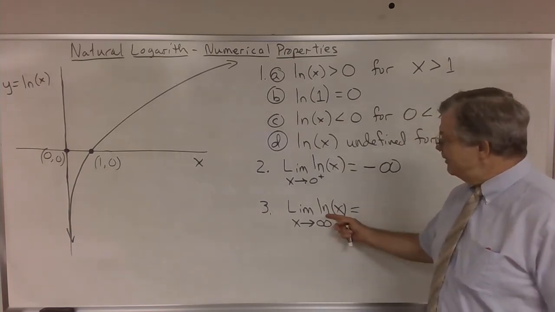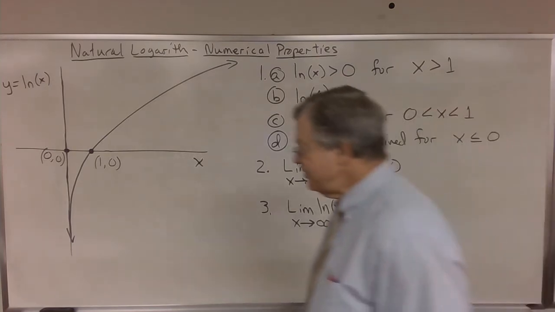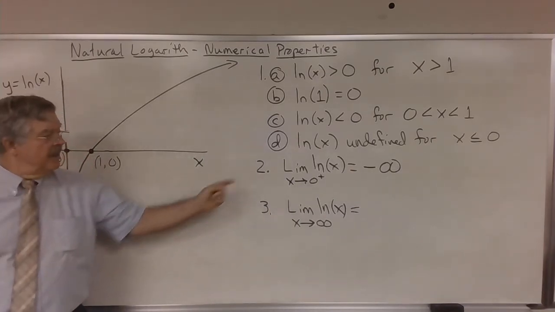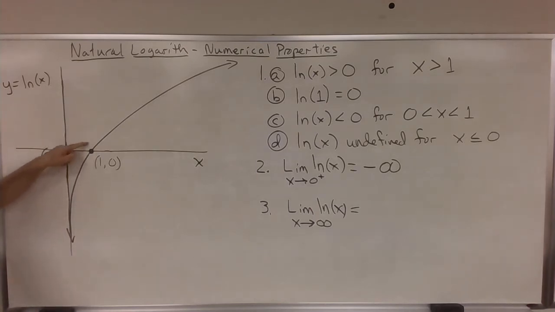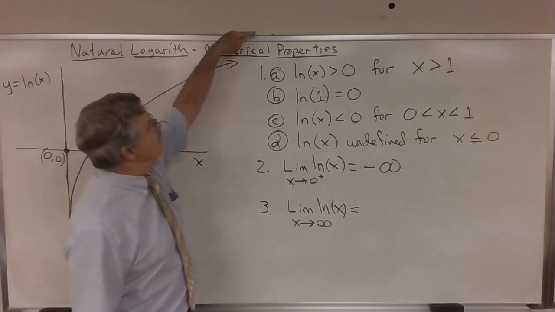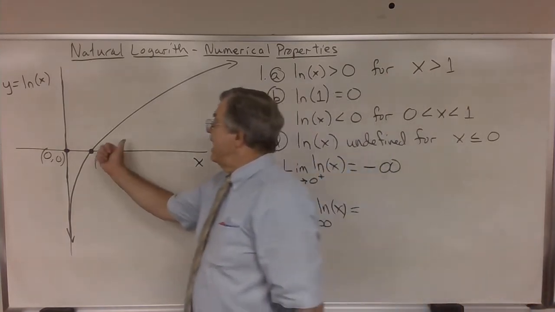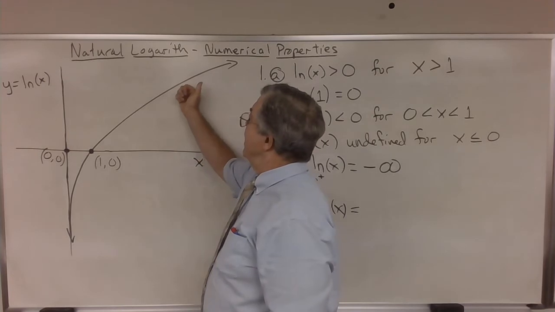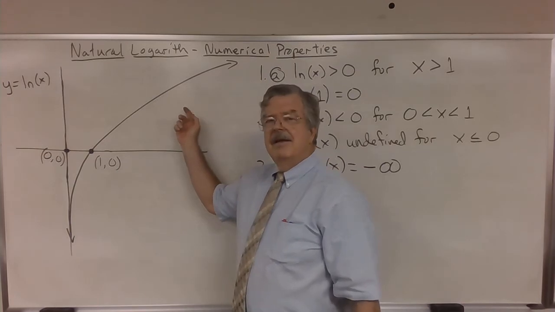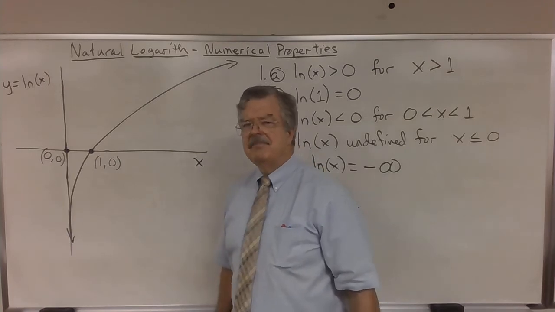What is the limit of the natural logarithm of x as x approaches positive infinity? If x approaches positive infinity, x is moving this way. And if we move along the graph in such a way that x approaches positive infinity, natural log of x, the y value, goes to, and this is subtle, x is approaching positive infinity and the graph keeps increasing. And we wonder, well, the graph is increasing. Does it really go to positive infinity?